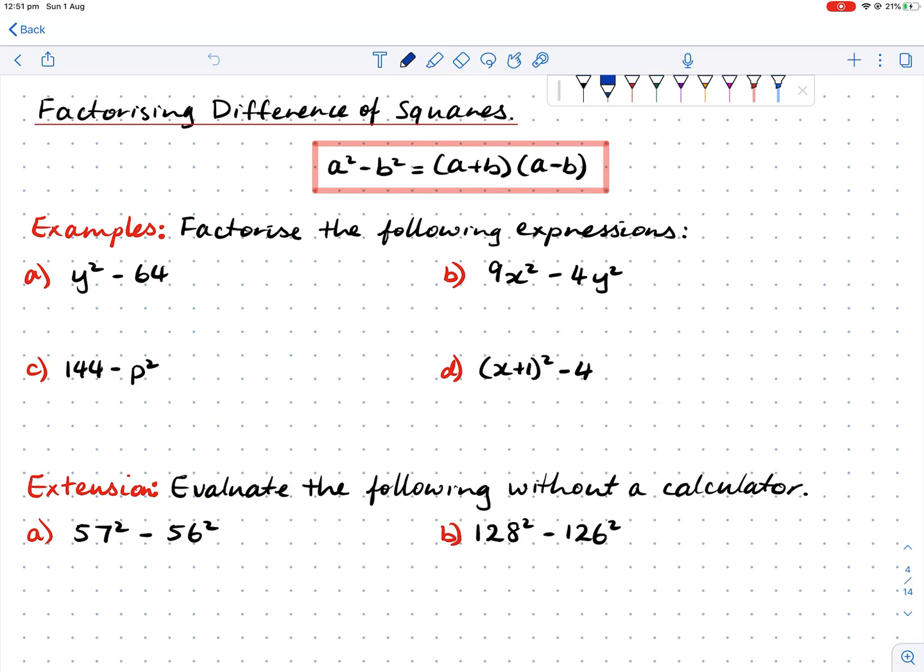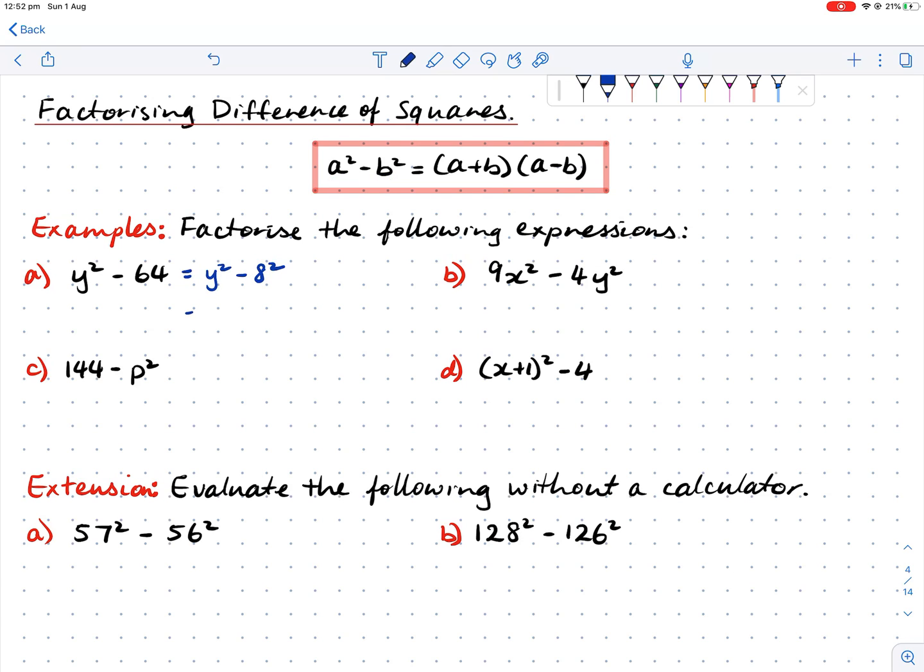When we're looking at these questions, we want to look at each of those terms and be able to write them as square numbers. If we look at this first one, we've got y squared, which is already a square number, and 64 is actually 8 squared. So the a value is y, the b value is 8.